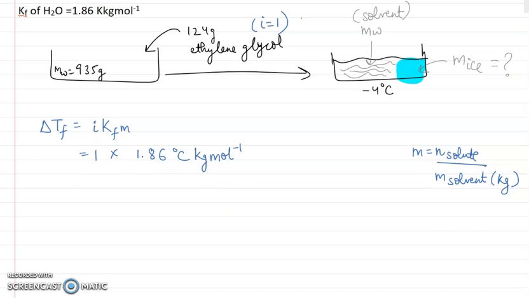This is the formula for molality, and we know that number of moles is equal to mass divided by molar mass. So here we will put the formula for number of moles, that is mass of solute, that is ethylene glycol, divided by molar mass of solute, and divided by mass of solvent in kilogram.